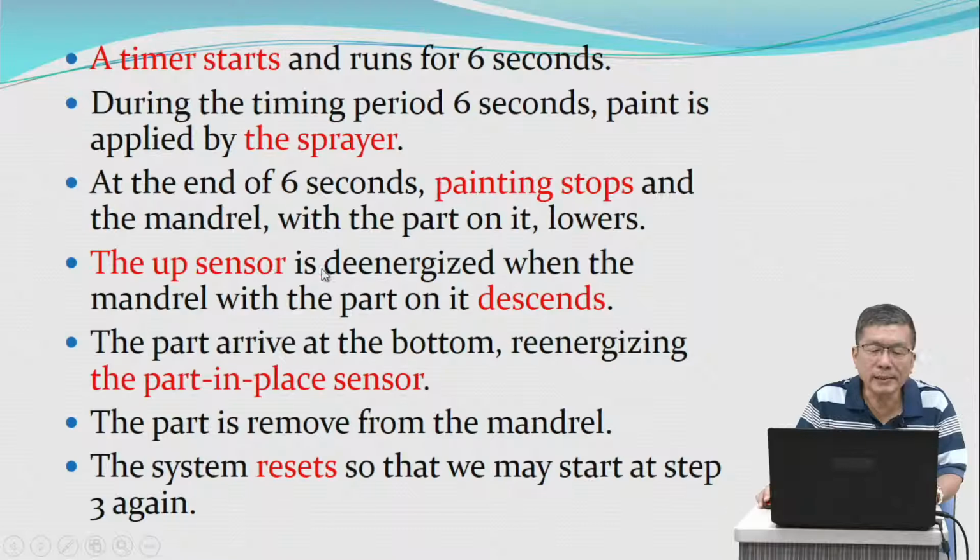The upper sensor is de-energized when the mandrel with the part on it descends. The part arrives at the bottom, re-energizing the part in place sensor. The part is removed from the mandrel. The system resets so that we may start at step 3 again.